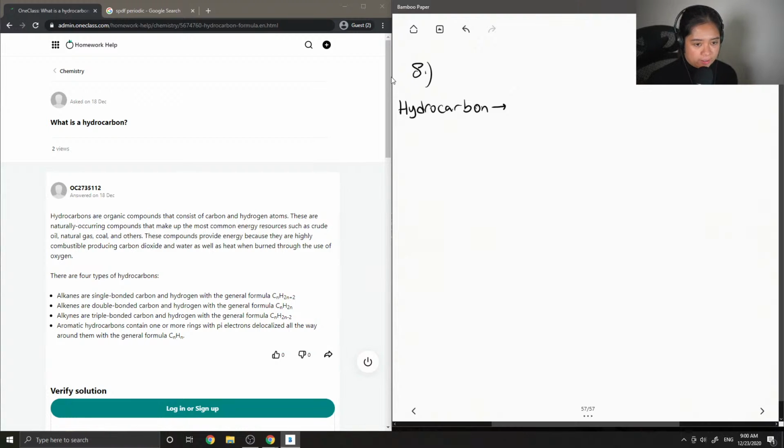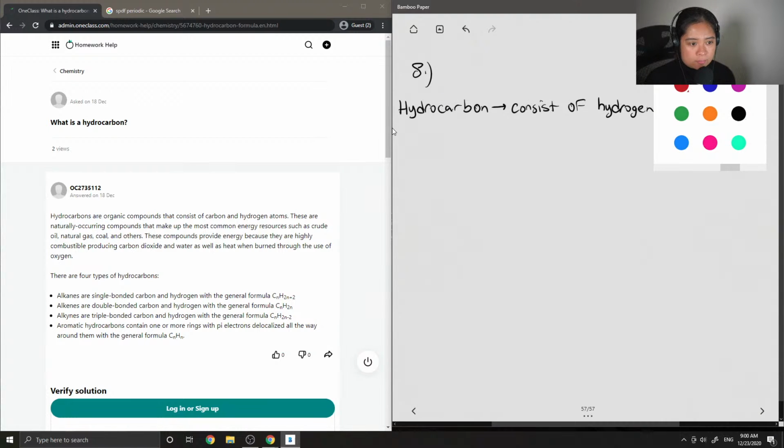It's an organic compound that consists of both hydrogen and carbons. Okay, so for obvious reasons, hydro and then carbon.